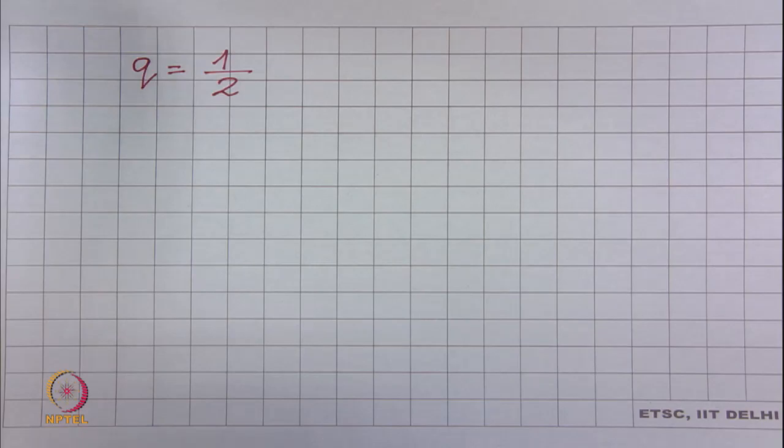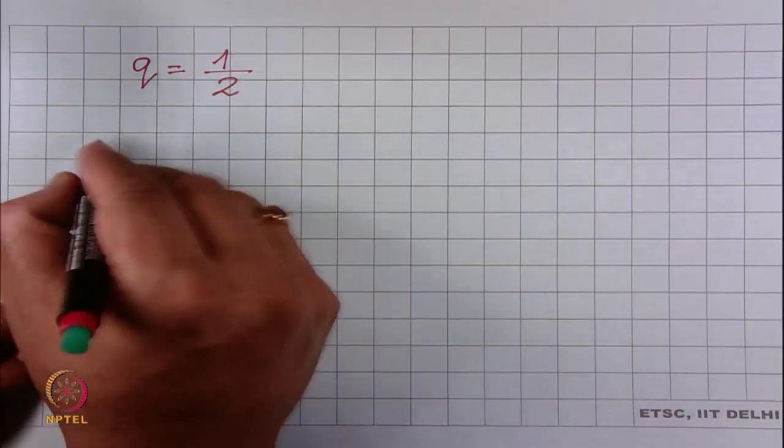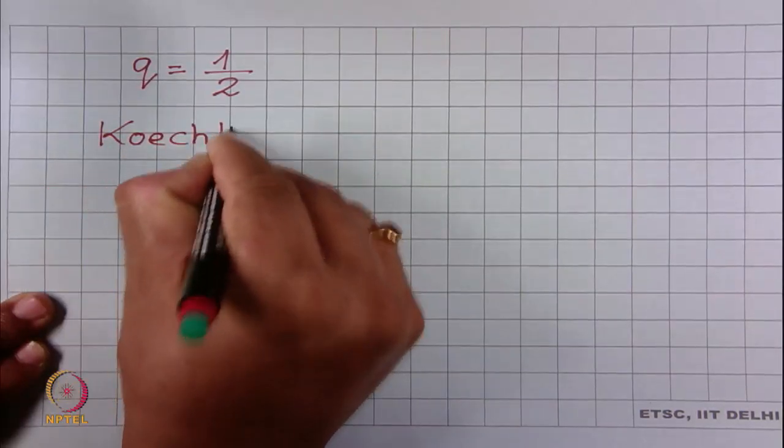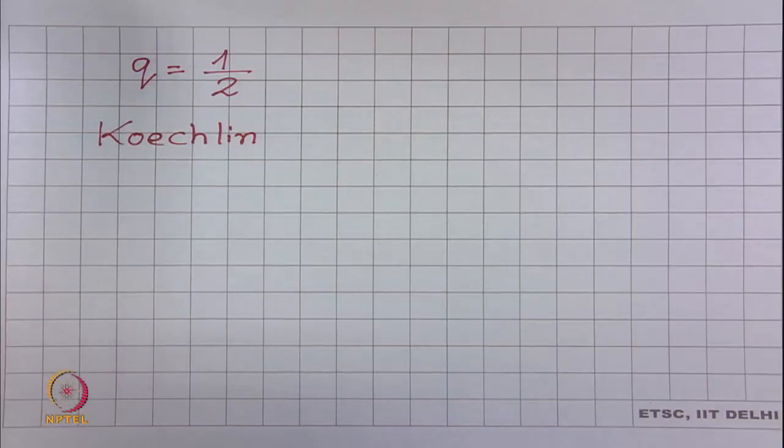For the first time, there was one scientist whose name was Coquelin.